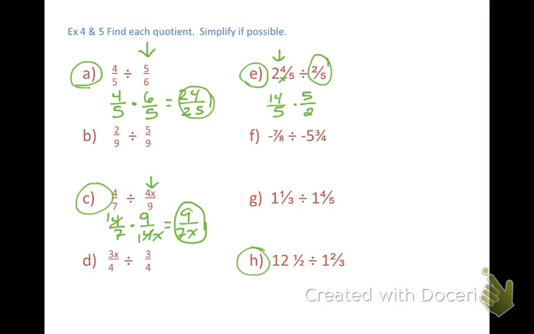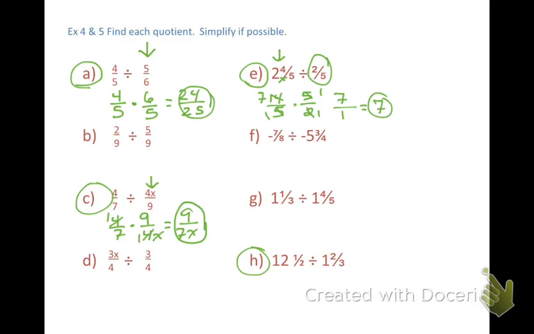Can I reduce anything? Yes, 5 and 5, those can go away. 2 and 14, 2 can go into 14, 7 times. Then you multiply across. 7 times 1 is 7, and 1 times 1 is 1. 1 goes into 7 7 times.